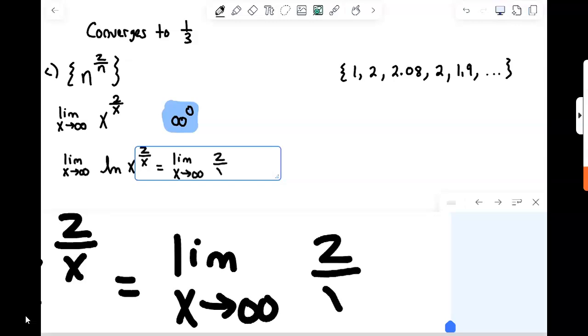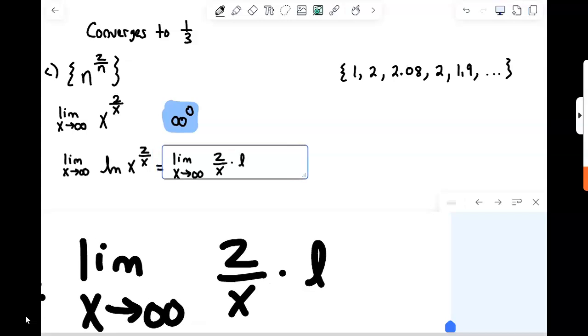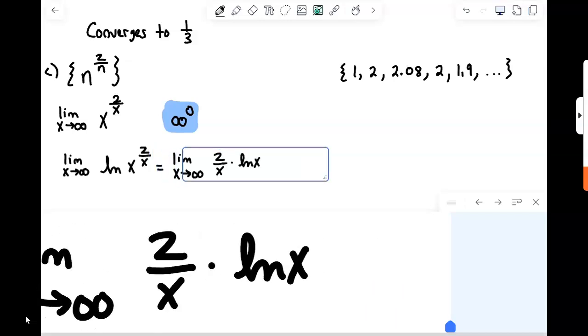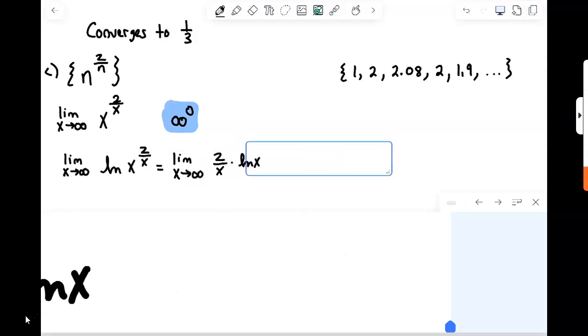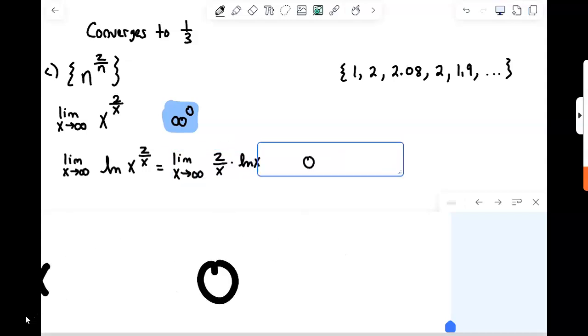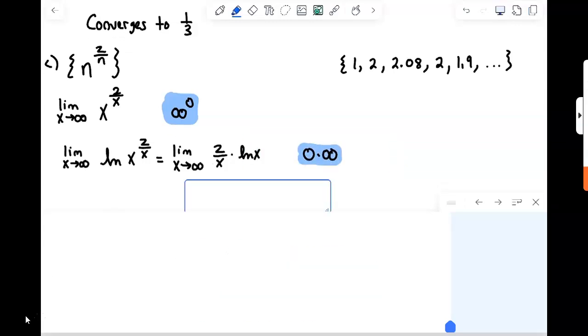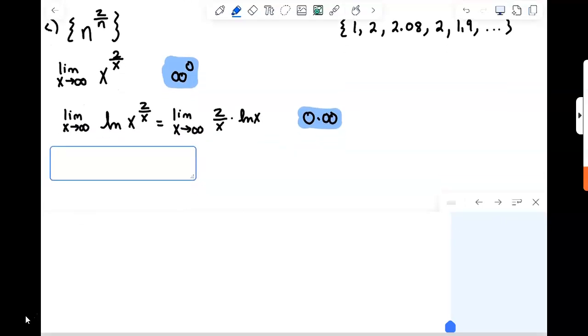So we have 2 over x times the ln of x, which is now a 0 times infinity limit. And remember, for 0 times infinity limits, we write it as one of those things over the reciprocal of the other. It transforms it into a 0 over 0 or infinity over infinity limit that we can then start to work out using L'Hopital's rule.